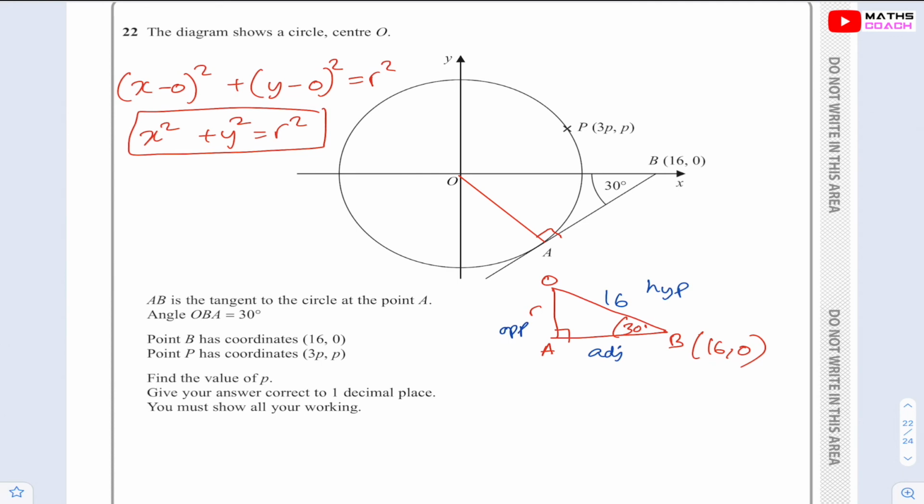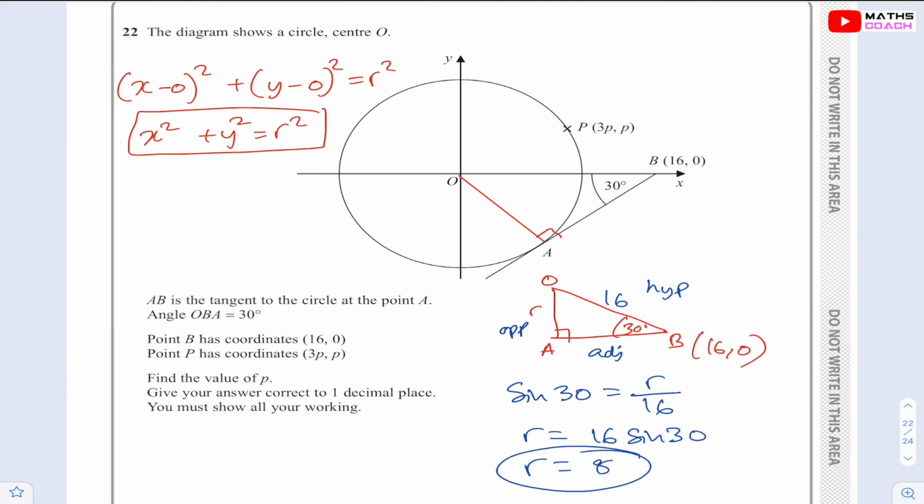So we need to use opposite, and we've been given the hypotenuse, so therefore we will be using sine. So sin 30 is equal to opposite, which is r, over the hypotenuse, which is 16. If we rearrange that, you get r = 16 sin 30. So if you calculate that, that gives you 8. So the radius is 8.